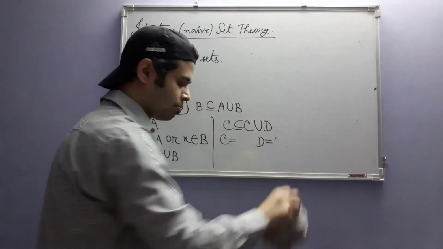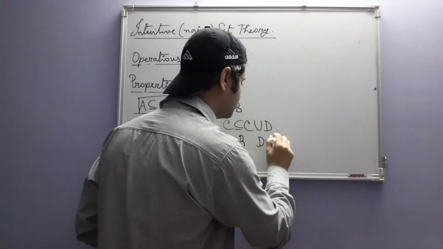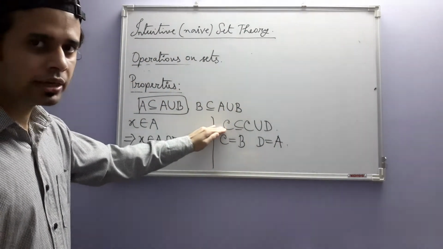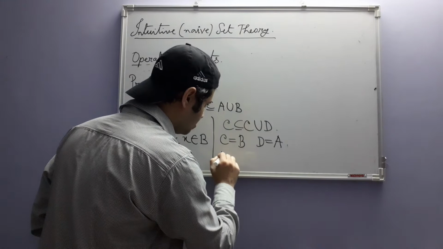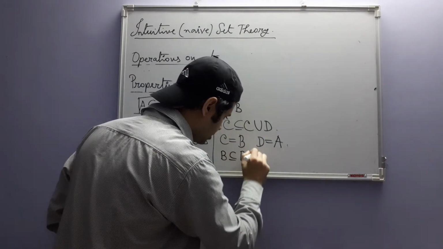I have to write the opposite. In place of C I am writing B, and in place of D I am writing A. Then what does this formula give me? It gives me B is a subset of B union A.